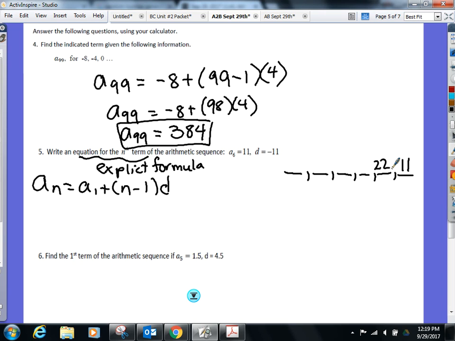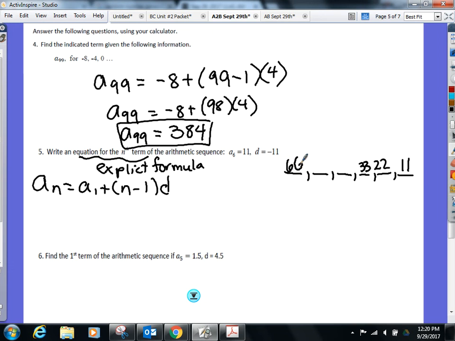Because it says subtract 11 to get to the next term, so to go in reverse, I add 11. So what do you think the fourth term was? 33. Can we keep going and find the first term for me? Go right ahead. And your first term ends up being 66.